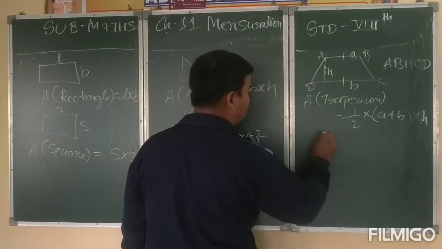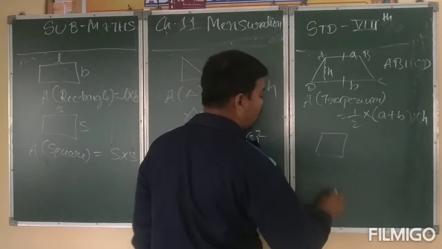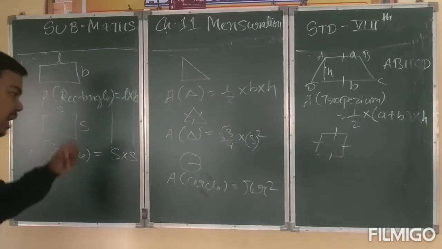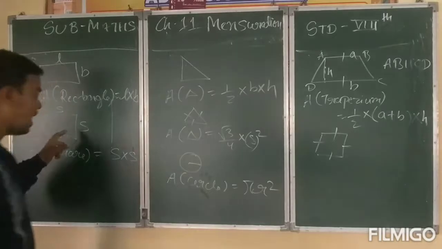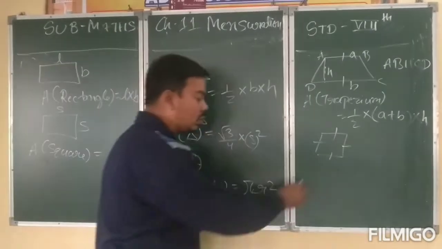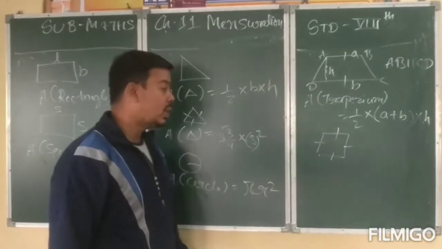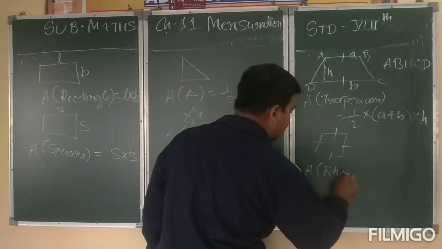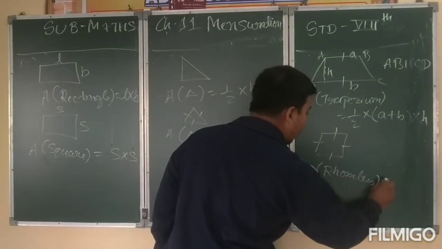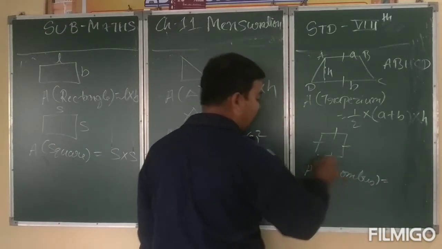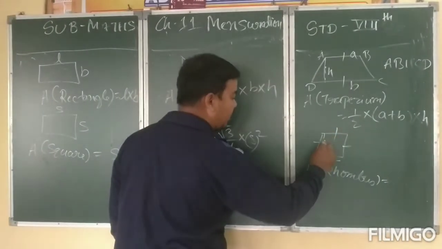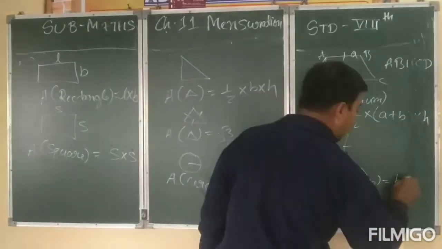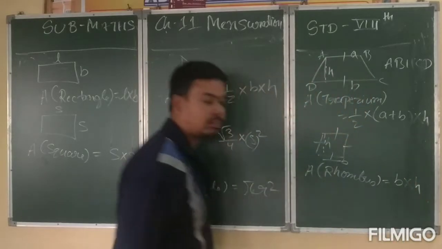Then the rhombus. This is like a square, all sides are equal, but in a square each angle is 90 degrees, and here it's not like that. For the area of a rhombus, we have two formulas. If the base and height are given, we use base into height.